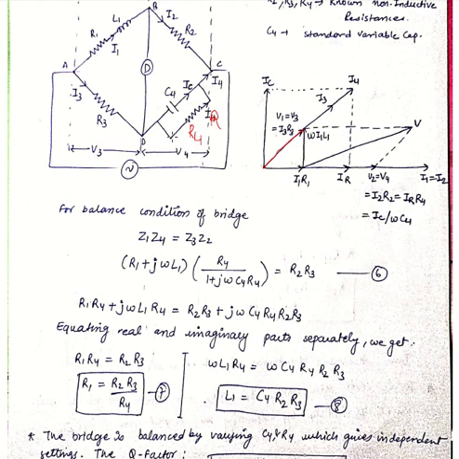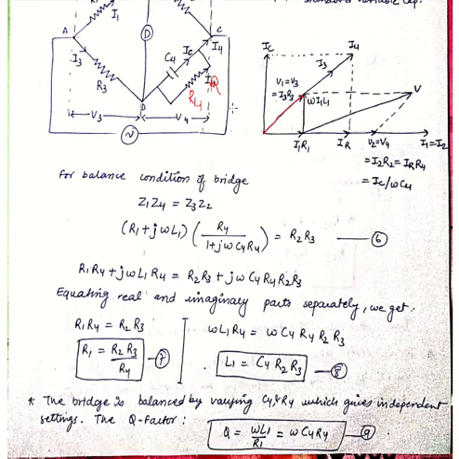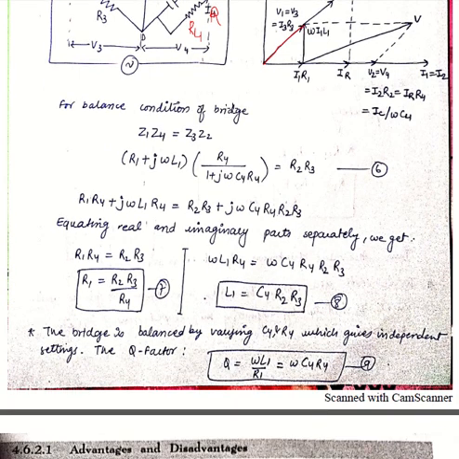Arm 4 has the parallel combination of C4 and R4. We'll get the equation like this.